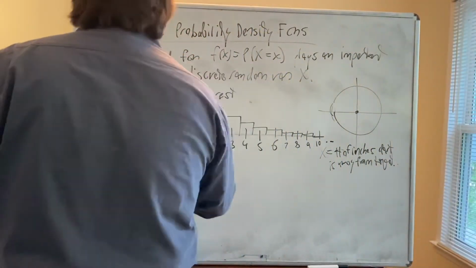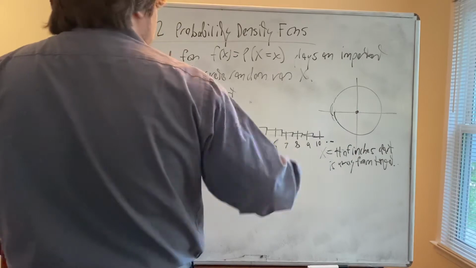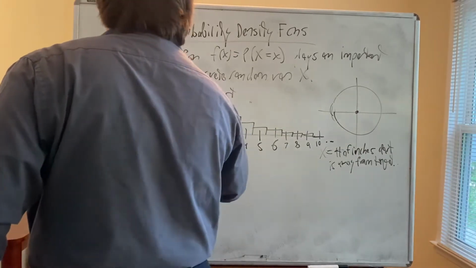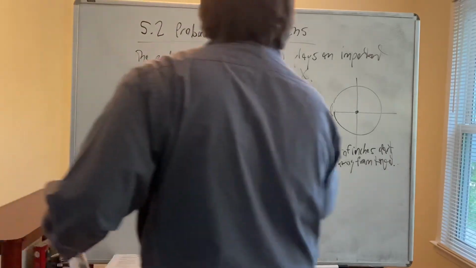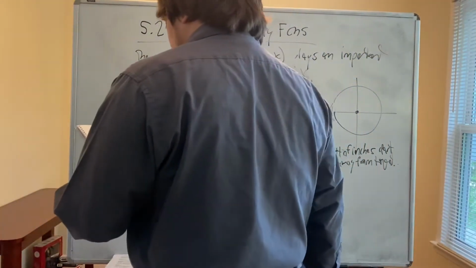Okay, now let's say part B. Instead of rounding the distance to the nearest inch, let's round it to the nearest half inch. Now let's take the probability histogram when it's half an inch.